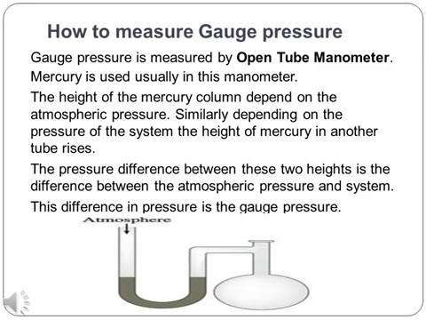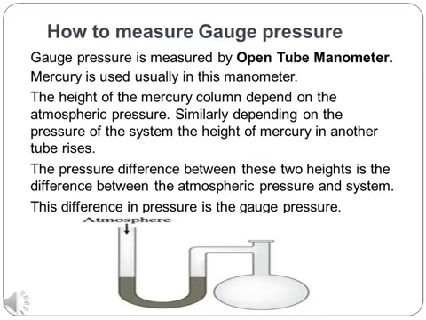How can we measure gauge pressure? It is measured by an open-tube manometer. It is a modified form of the barometer. Mercury is usually used in this manometer. The height to which the mercury column rises depends on the atmospheric pressure.